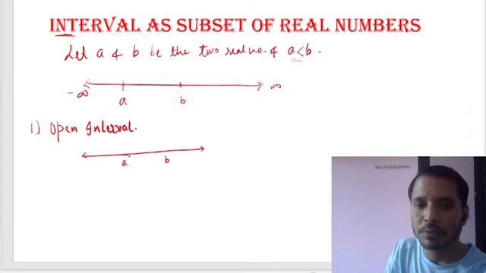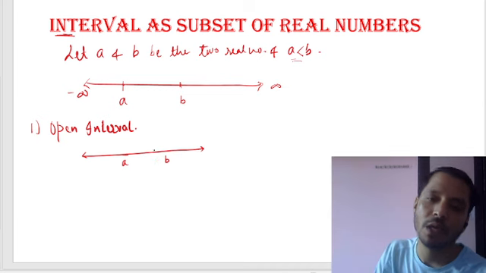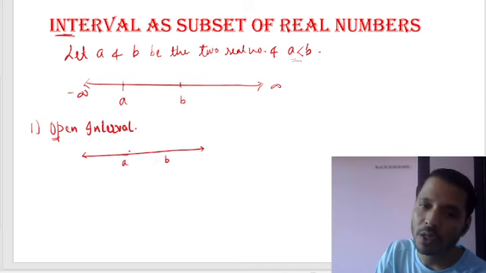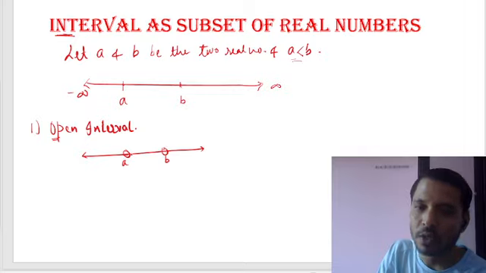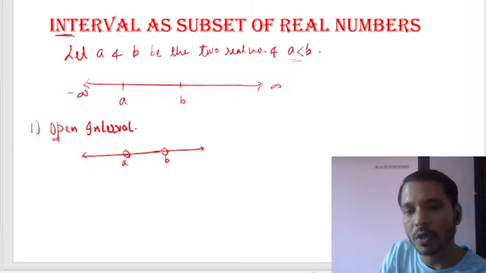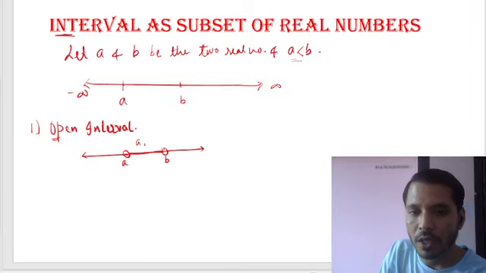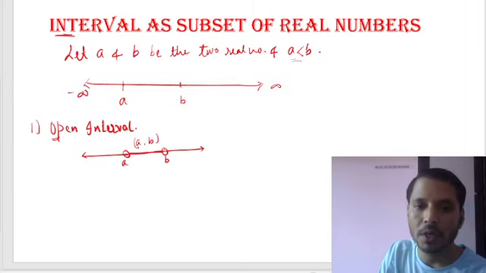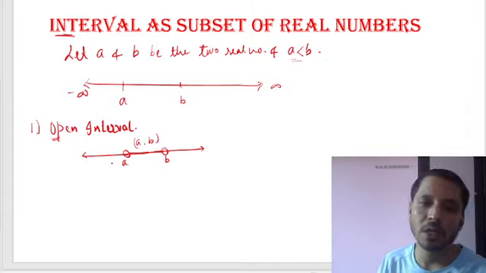We want to take the subset from A to B. In an open interval, A and B are not included. Except A and B, all the numbers between A and B are part of the open interval. We write it as (A, B). So this is called the open interval.